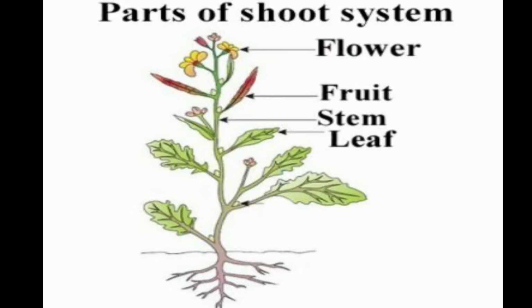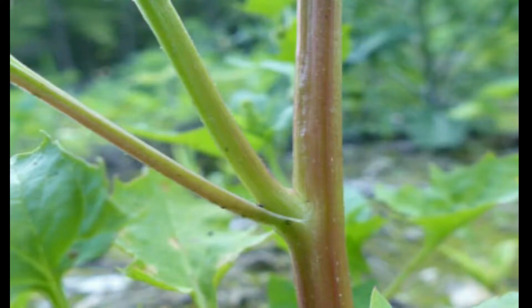The part that grows above the ground is called the shoot system. It has leaves, fruits, flowers, stem, branches, etc. Stem. The stem supports, carries water and nutrients from the ground, and also carries food prepared by the leaves.